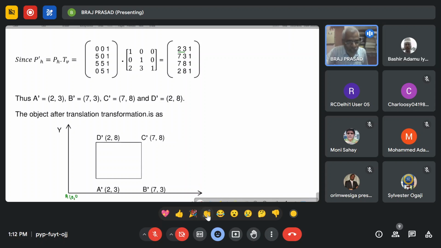This is the coordinate of the original object, and this is the coordinate of the new object. The coordinate of this new object A becomes A dash, that is 2 3. So the coordinate of B dash is 7 3, coordinate of C dash is 7 8, and coordinate of D dash is 2 8. So this is the translated object after translation.